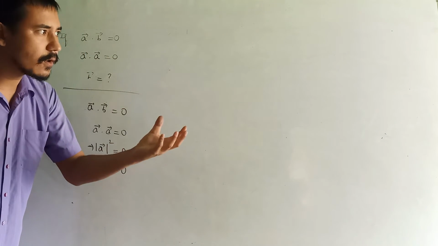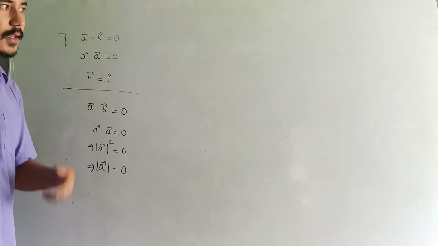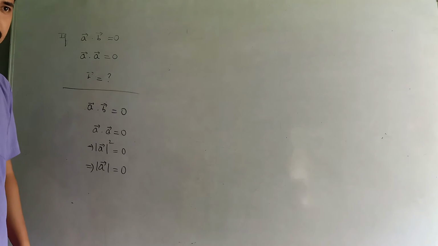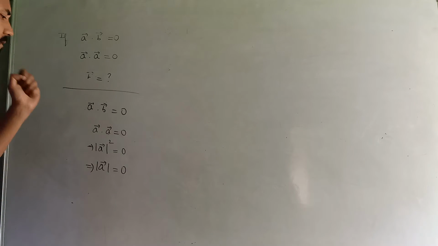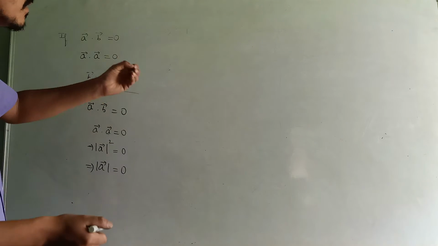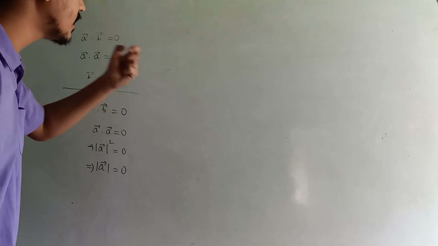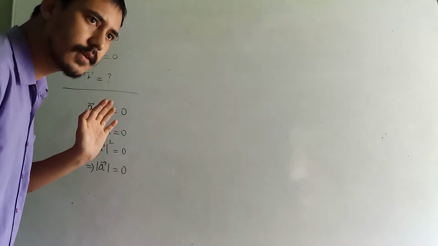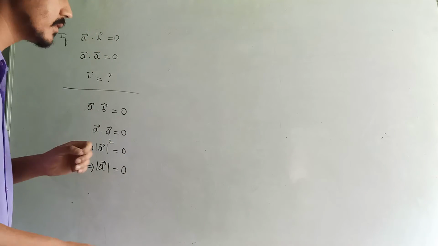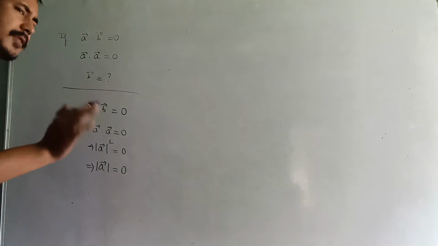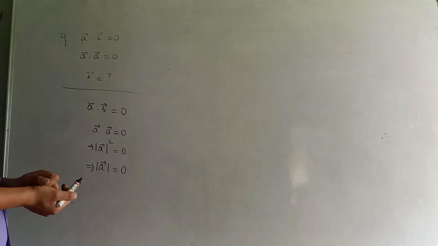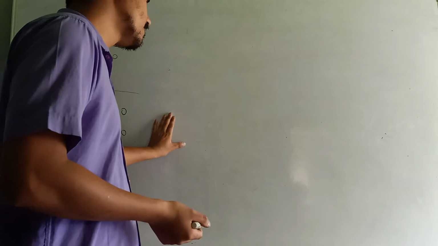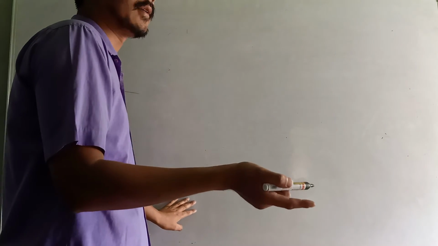If the magnitude of any vector is 0, then that's a 0 vector. In that case, we don't talk about the direction, because a 0 vector can have any direction.